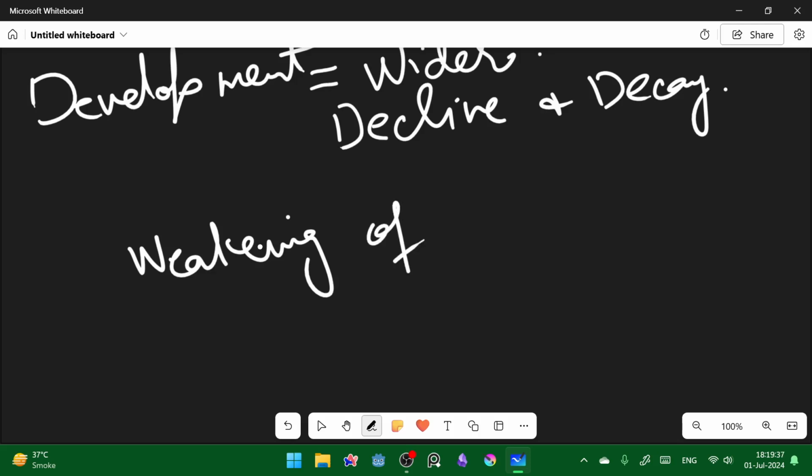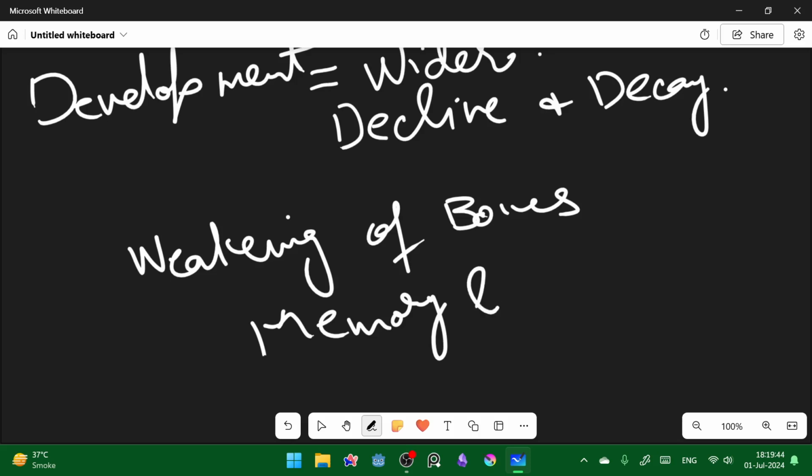In the development, memory loss, any decline or any decay in physical or cognitive or psychological abilities or capabilities of an individual also includes in the scope of development, because this process starts before birth and lasts, and this is the main difference between growth, maturation, and development.